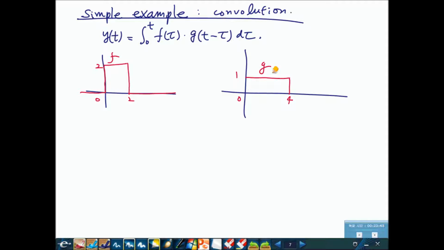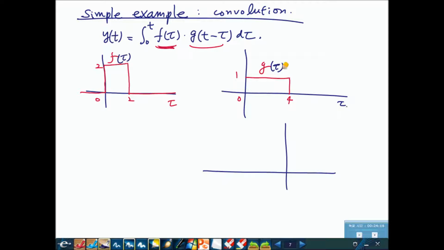And those two functions are made convolution. Okay, then this is f of tau. This is tau, let's say, right? And this g of t minus tau, we have to redraw it again. So this is g of tau, let's say. Okay, this is g of tau. This is f of tau.